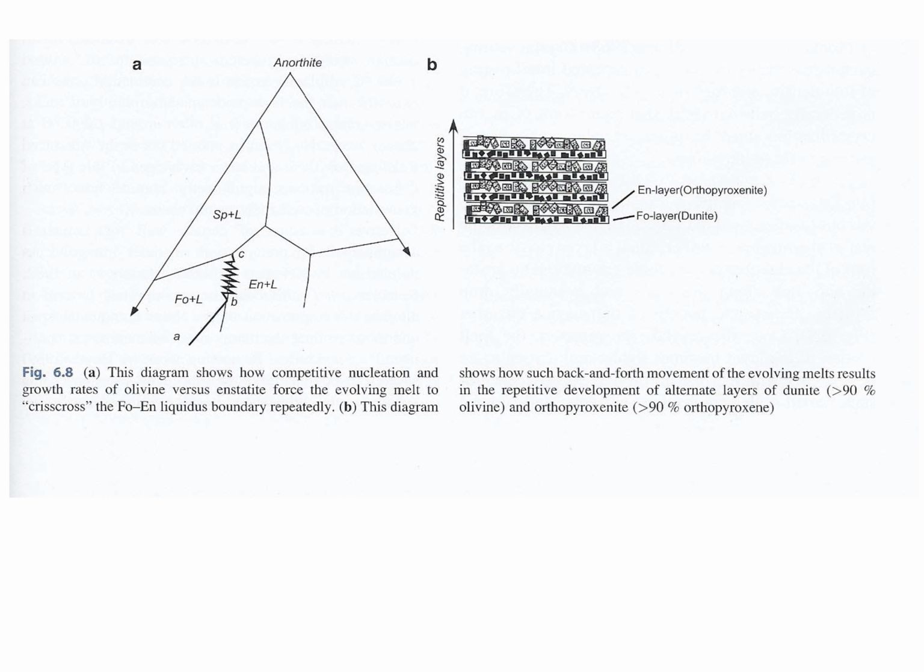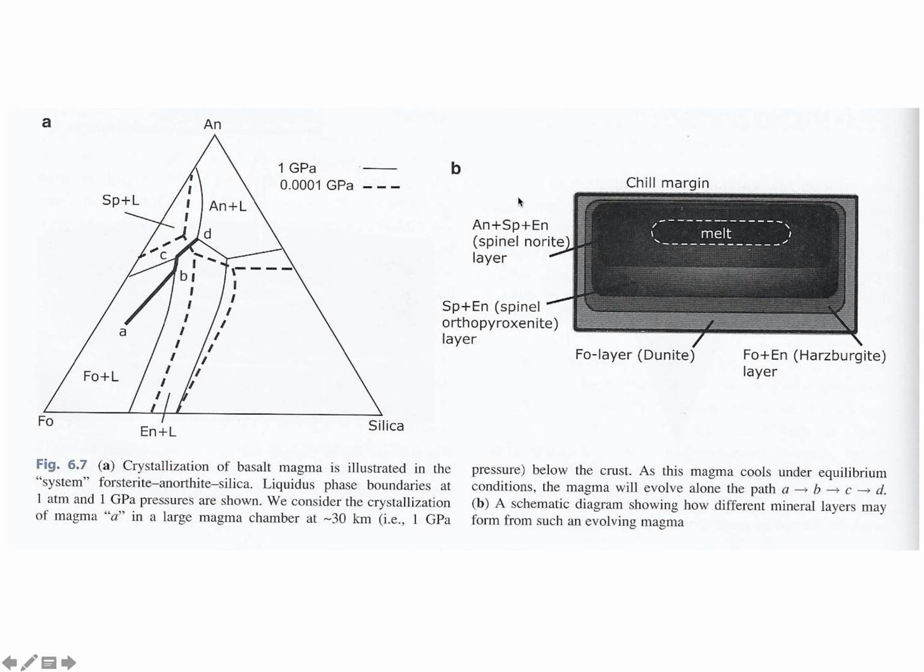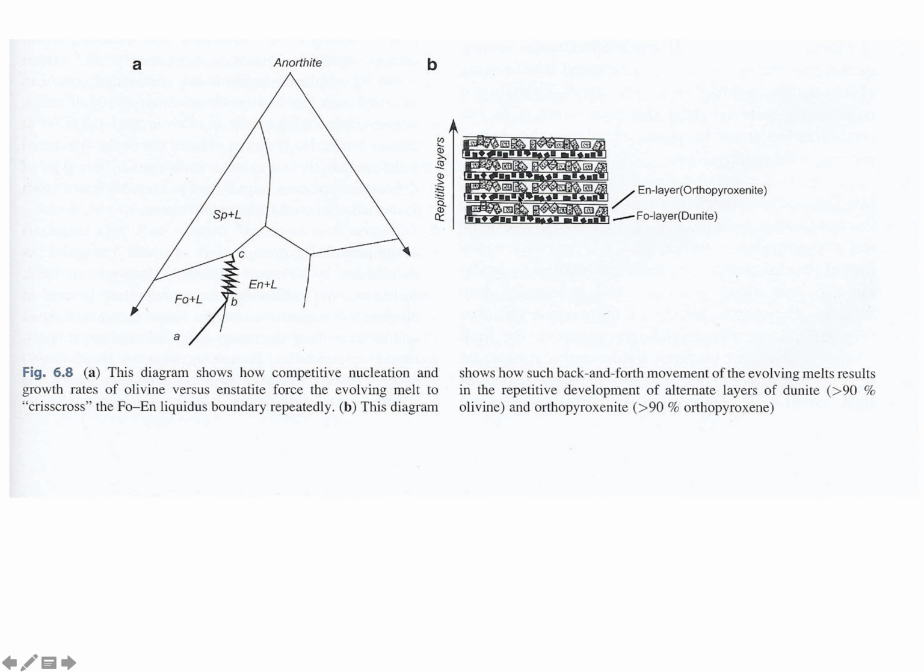This is then shown in diagram B. This diagram shows how such a back and forth movement of the evolving melts results in the repetitive development of alternate layers of dunite and orthopyroxenite. Here we have always olivine, orthopyroxene, olivine, orthopyroxene, and that is when we have always this crisscross.